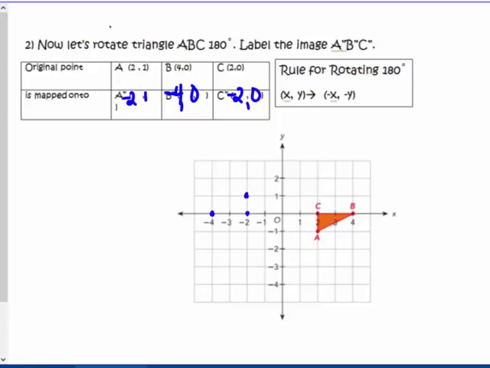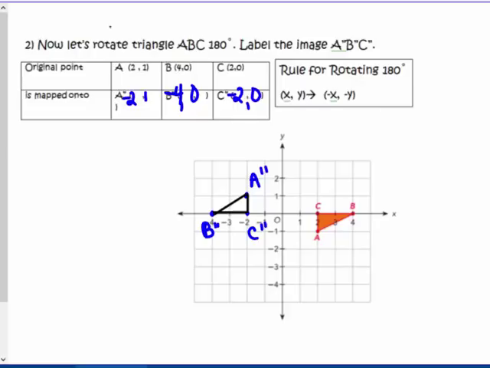So the triangle is facing in the opposite direction, still congruent, same size and shape. So connecting these with a straight edge or a ruler, please, you'll see that same size and shape, just facing the opposite way.